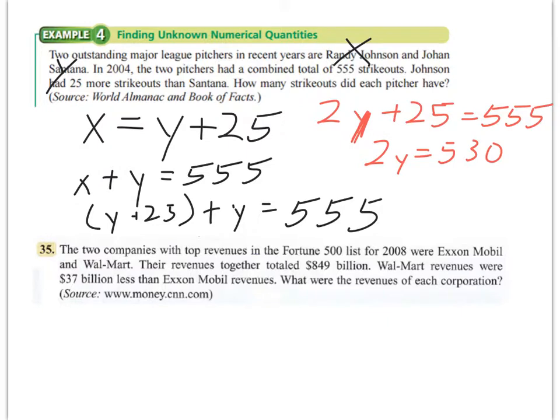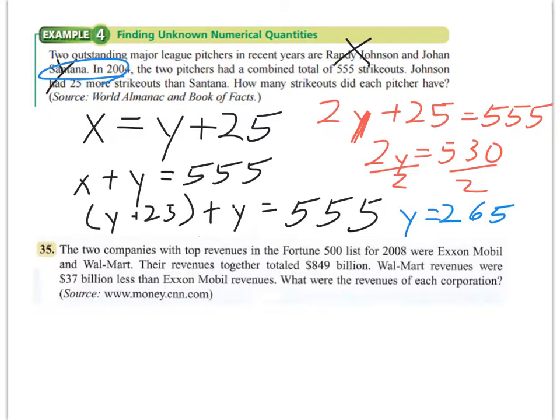Divide both sides of that equation by 2, and we get Y equals 265. Now this is why we want to make sure we define our variables. So we said that Y was the number of strikeouts for Johan Santana. So he had 265.